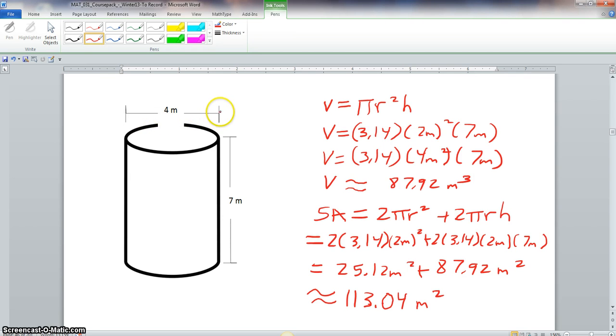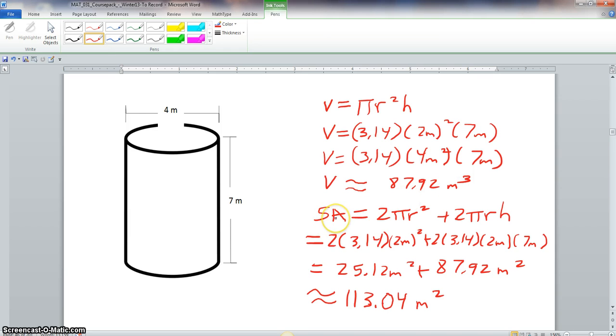This is considered to be the diameter, so we would take half of that, which would give us 2, and then we would do the height, which is 7. So we have 3.14, this 2 meters squared would give us 4 meters squared, and then times 7 meters. Now when we multiply all of this out, this will give us 87.92 cubic meters.